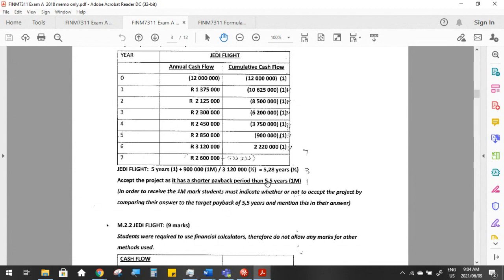And they asked for a reason, which is the fact that the 5.28 is less than the 5.5 years. Okay, so here's our calculation, 5.28 years, the answer. Here's our decision, accept the project, and here's our reason that the payback period is shorter than the target period.